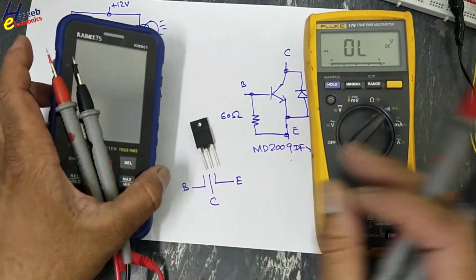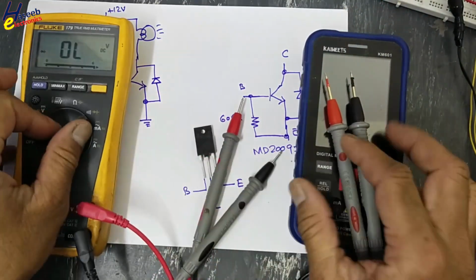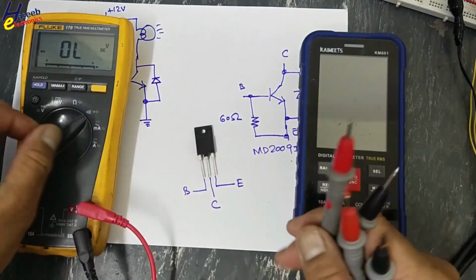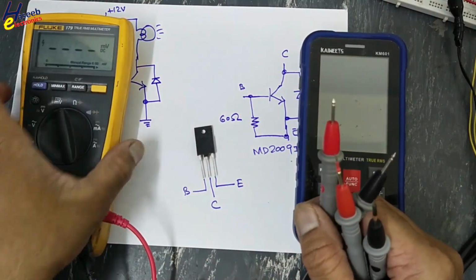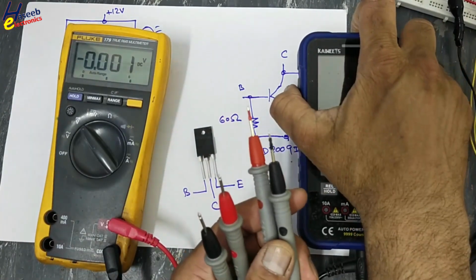Okay, the second thing, now there is another difference. Before this we verified test current. Now we will check test voltage.